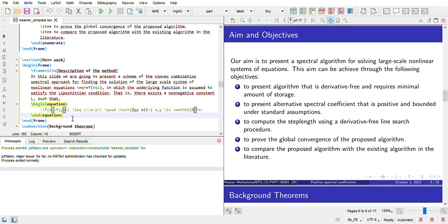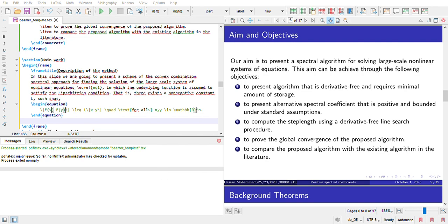Then we continue with the description of the method, maybe as an itemized description, because first of all we have to define the scheme, and then we give the positive spectral coefficient.